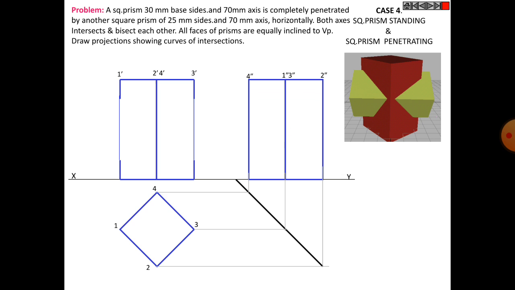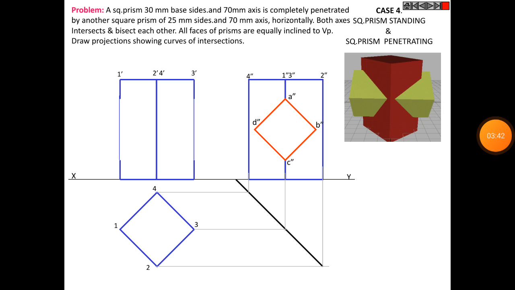Next, another case: another square prism, 25 mm side and 70 mm axis, intersects horizontally. For that 25 mm side prism, draw the 25 mm square, bisect the diagonal and take half the distance, and draw the square prism with the points bisecting the axis named A B C D dash.